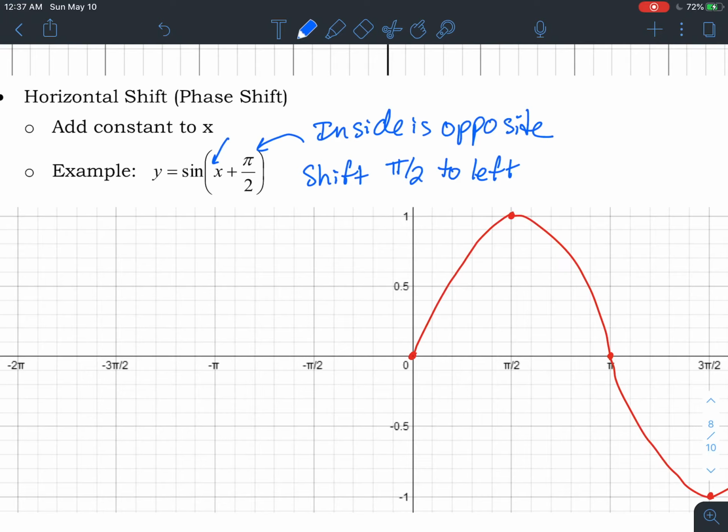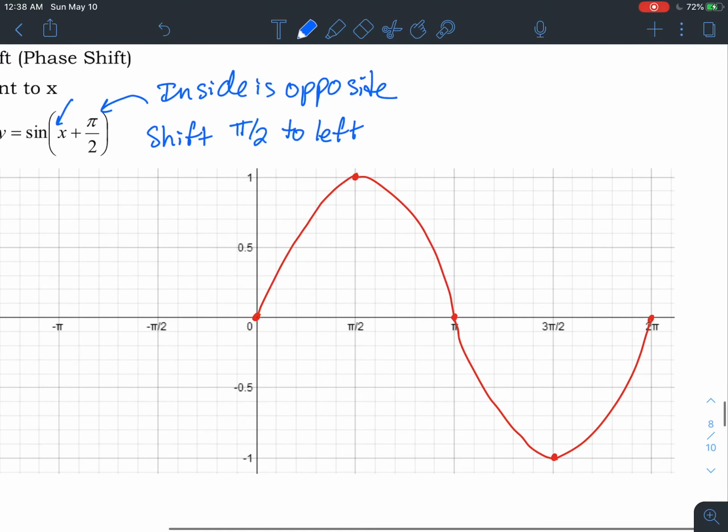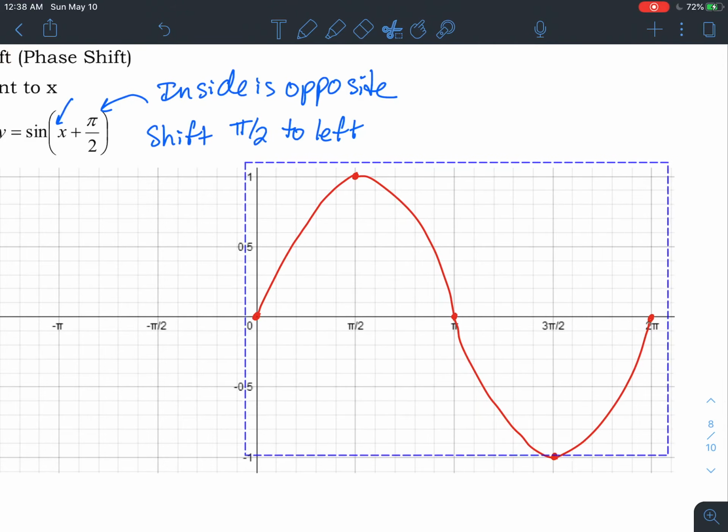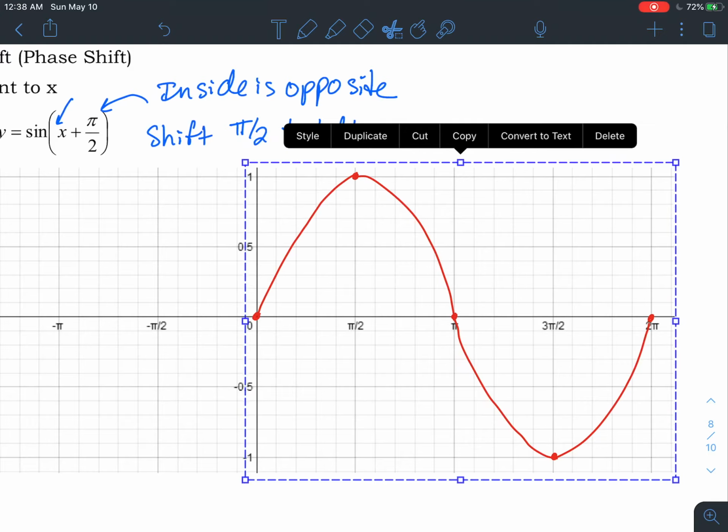So if I see addition on the inside, that's telling me I'm moving pi over 2 units to the left. If I saw x minus pi over 2, that would be shifting it pi over 2 units to the right.